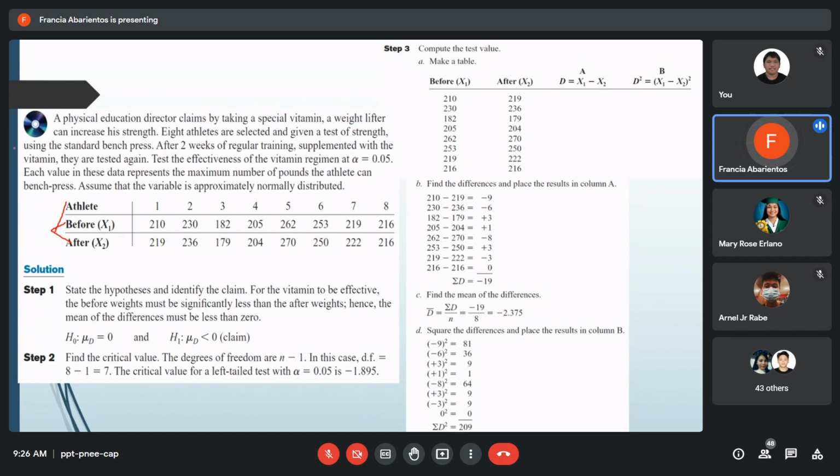So, ano yung claim mo? I mean, the null hypothesis class is the mean difference of the two, the before and after, is always equal to 0, while your claim now is less than. Okay? Kasi yun yung sinasabi dito.